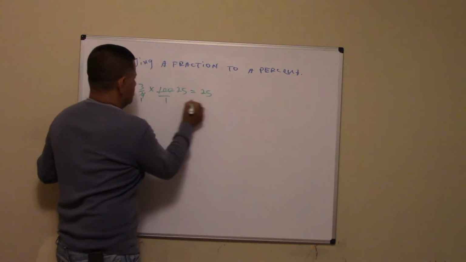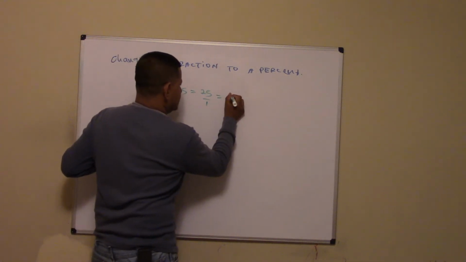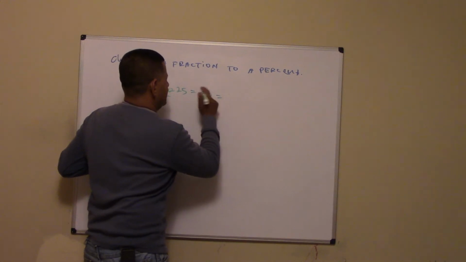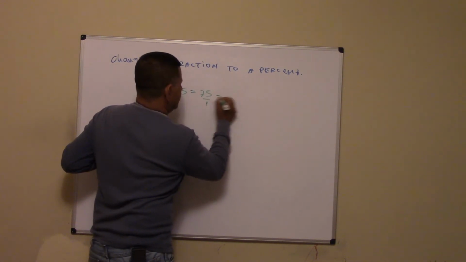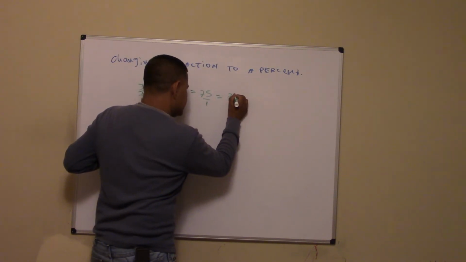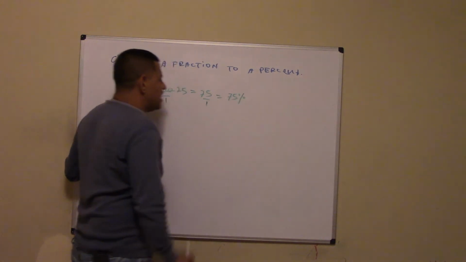And 1 times 1 is 1. And then 75 over 1 is nothing but 75, right? And then just add the percent sign and you're done, okay?